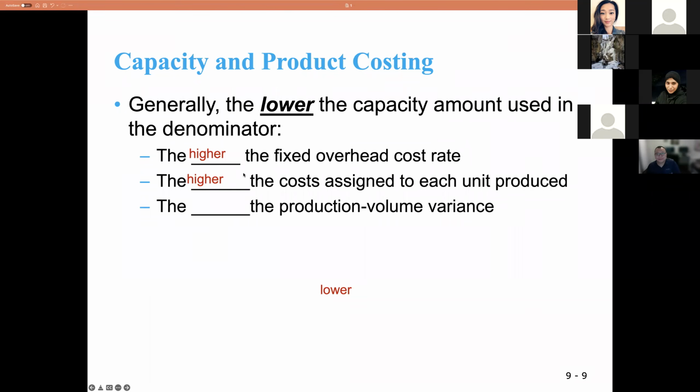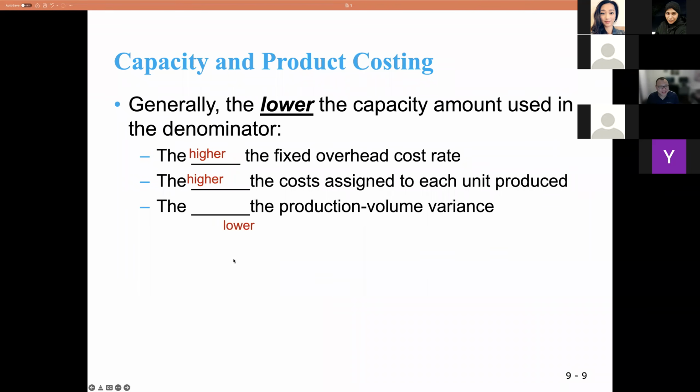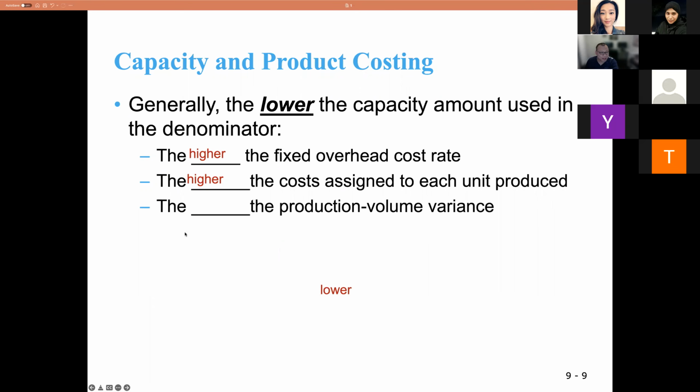Lower? That's right, because that's the only one left. Okay, it'll be lower. So why? Because your rate is higher, right? If the capacity is lower, your rate is higher.